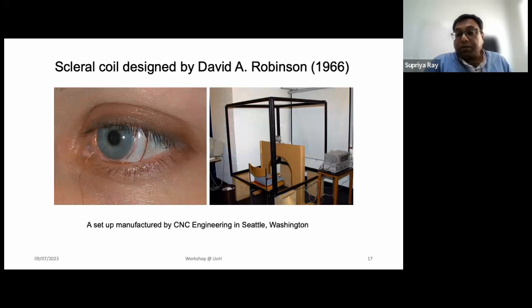Whenever the subject moves their eyes, that circular coil cuts through the magnetic force field. Using the dynamo mechanism, when a coil rotates within a magnetic field, it generates current. So David Robinson was able to record the eye position precisely. Go to the next slide, please.